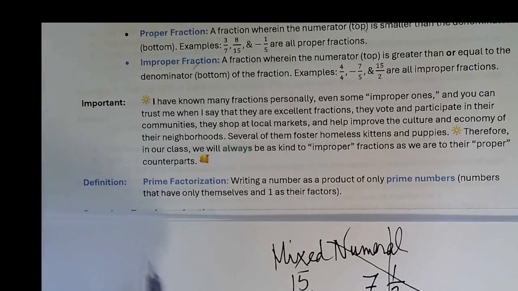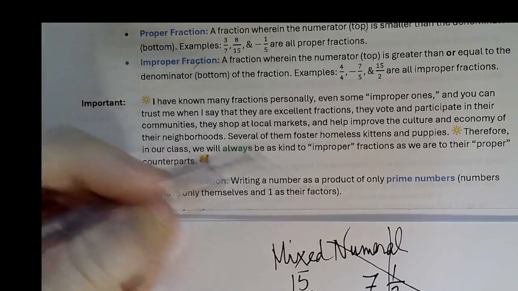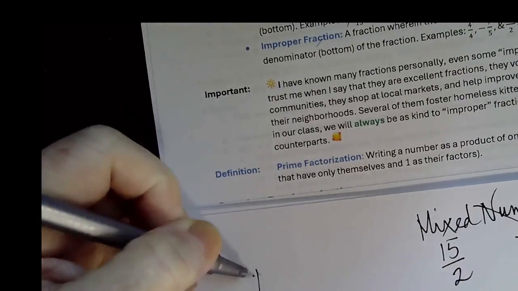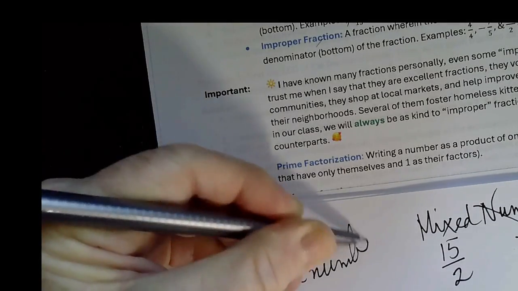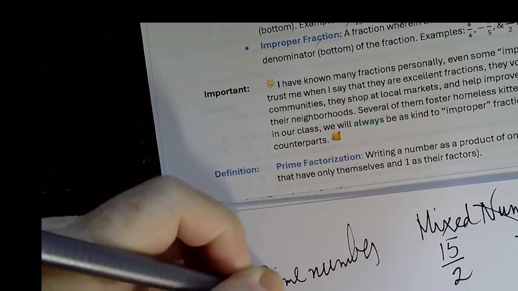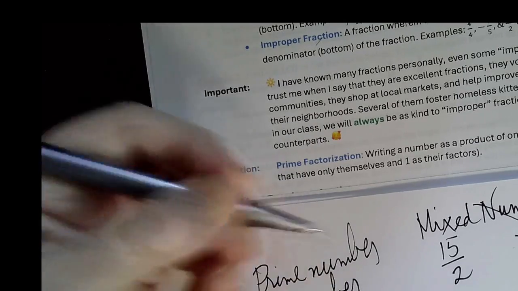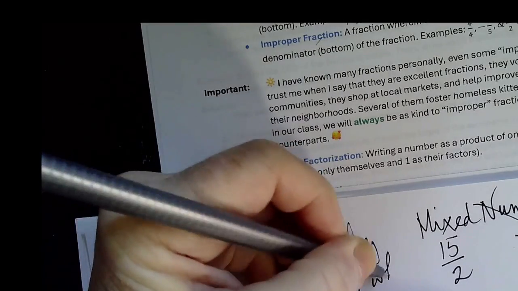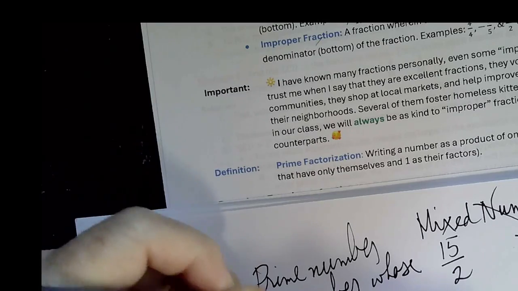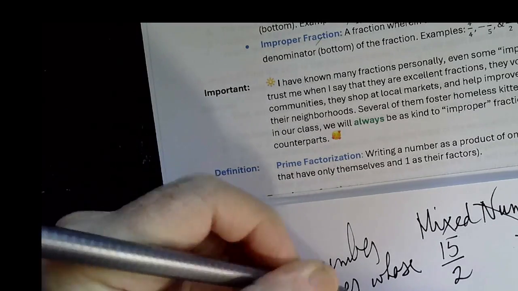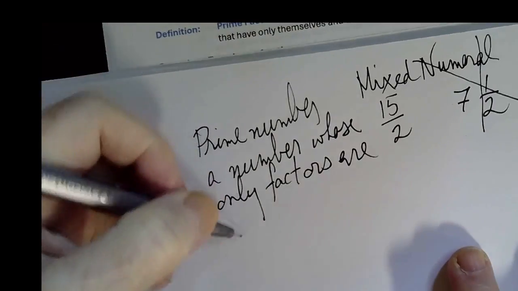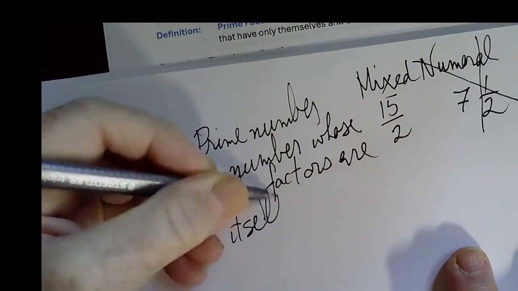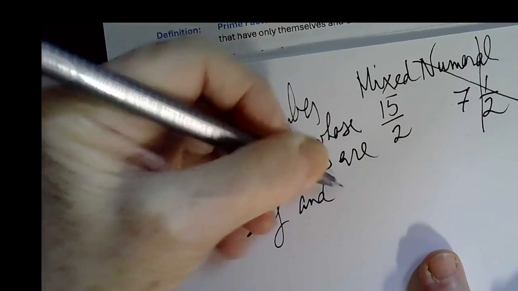Let's remember something, because we're about to look at prime factorization. A prime number is a number whose only factors are itself and 1.